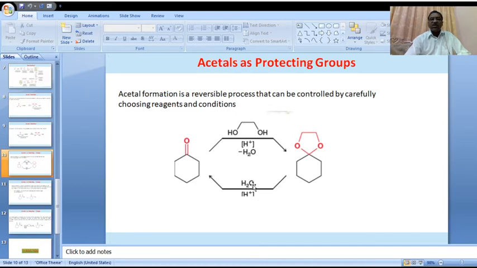In the presence of water and acid, that cyclic acetal ring is opened again and converted back to the ketone, the carbonyl compound.